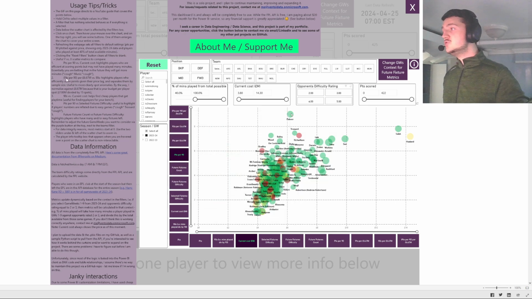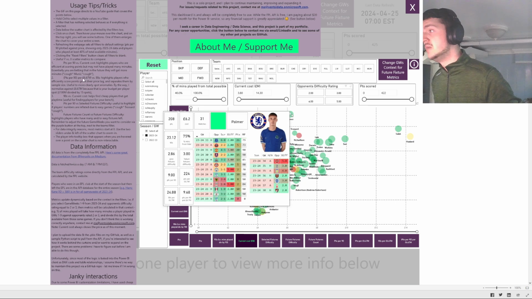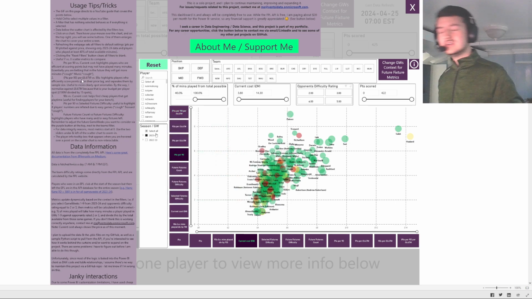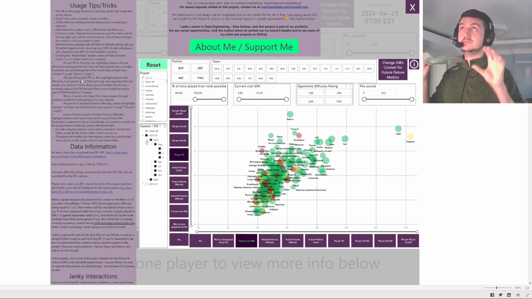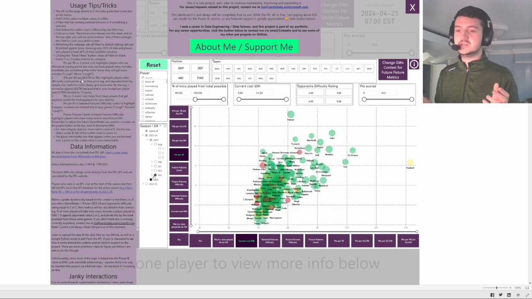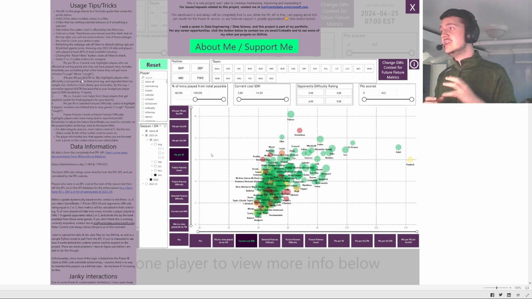So there's another metric which is points per 90 per set amount of money. This 6.67 million amount is the 100 million budget that you have divided by the 15 spots that you have on the team. So effectively, for the amount of money you can spend on one player, if they play 90 minutes, how many points are they going to score?